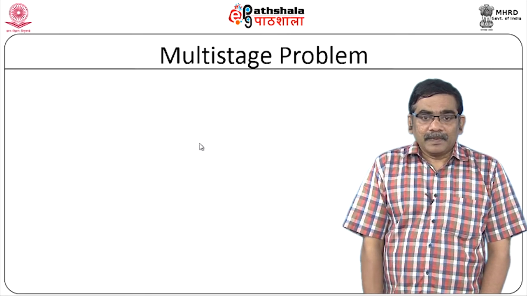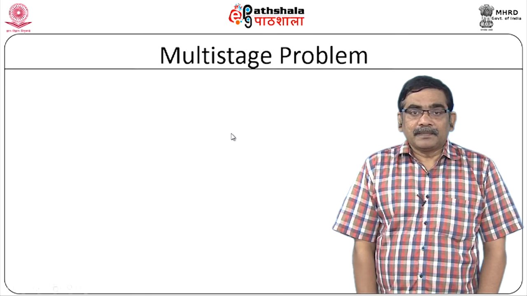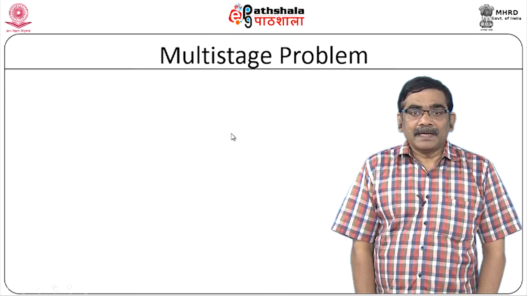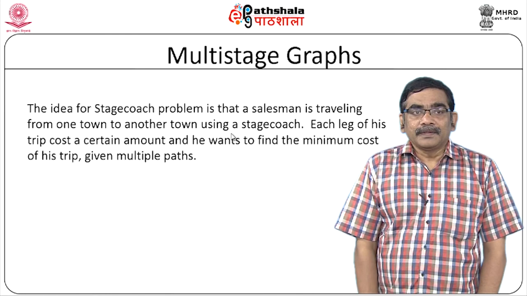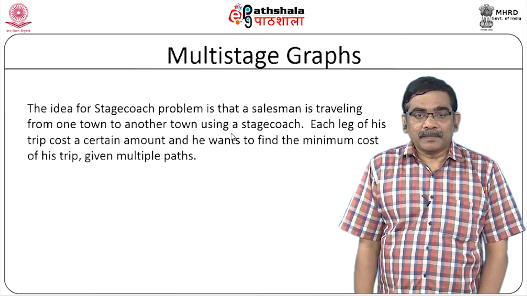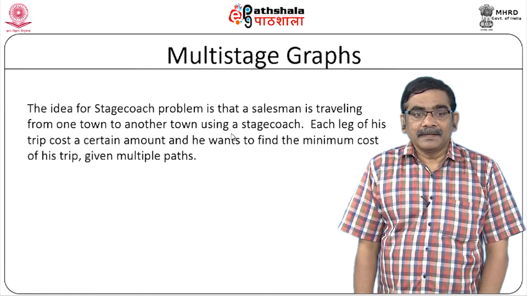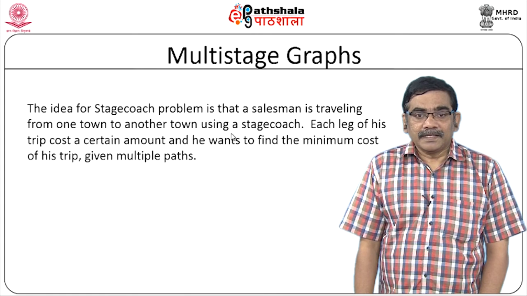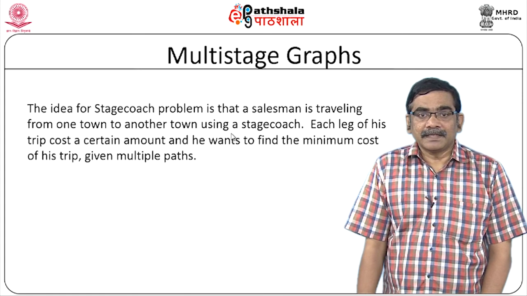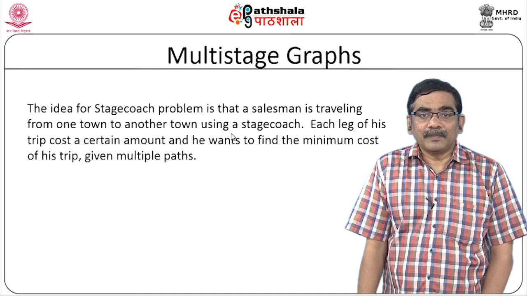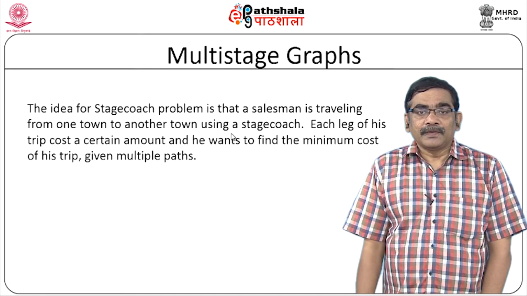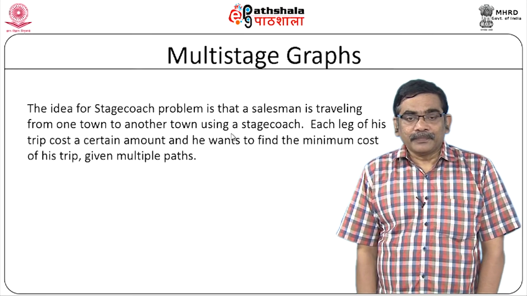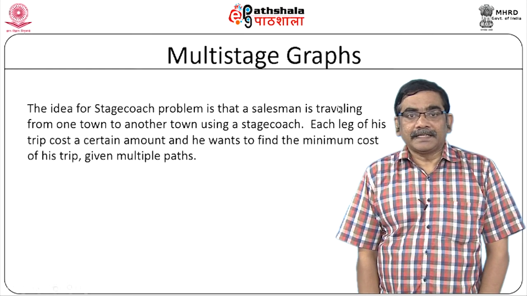The related problem is called the multi-stage problem. This is also called the stagecoach problem. This is a very popular problem in computer science. The idea of the stagecoach problem is that the salesman is traveling from one town to another town using a stagecoach. He has to reach the destination.